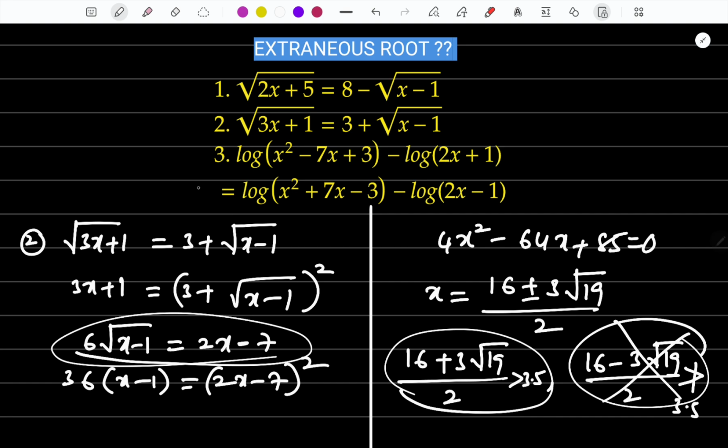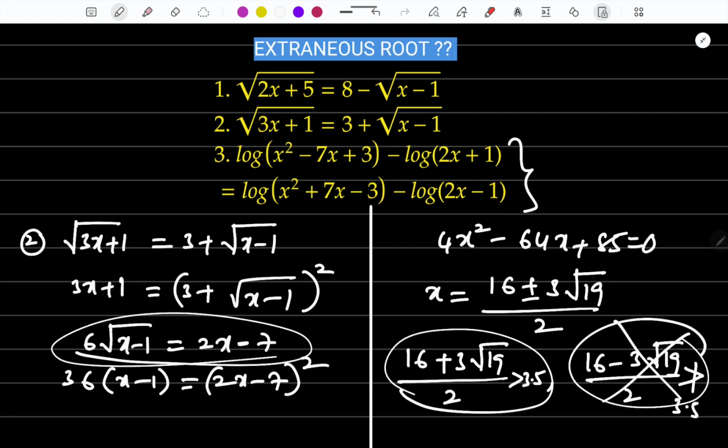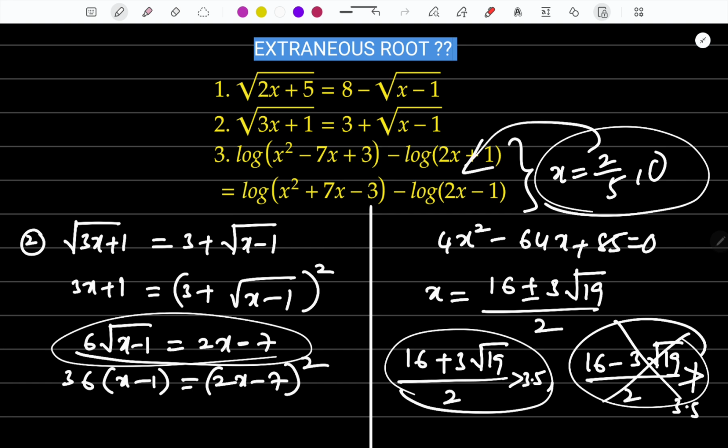Okay, so if you want to try, you can try this third one and understand what is meant by extraneous root. If you solve this third equation, you will get 2 by 5 comma 0, but both 2 by 5 and 0 will not satisfy this equation.